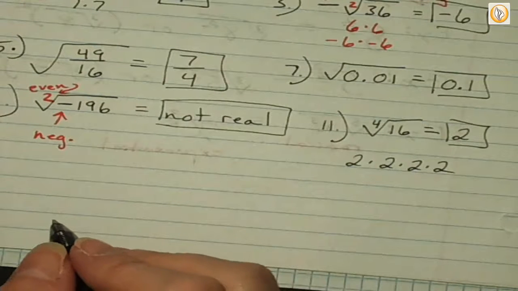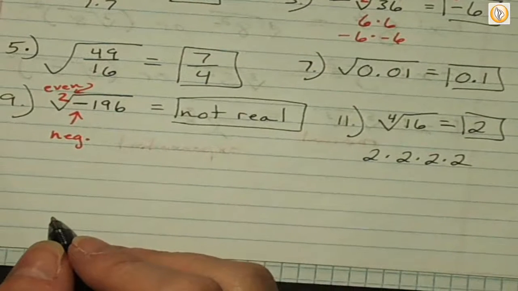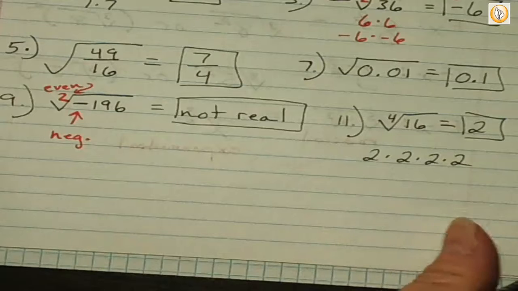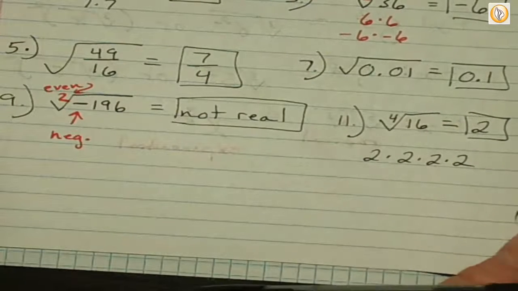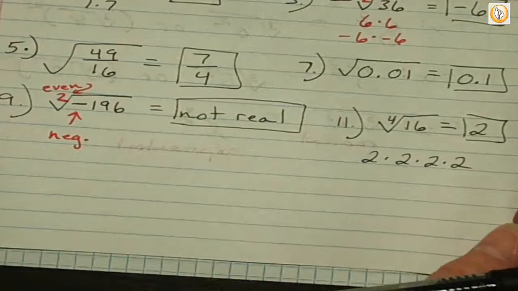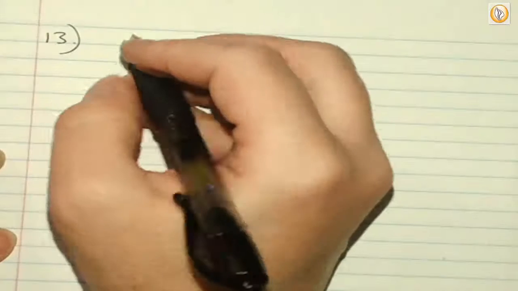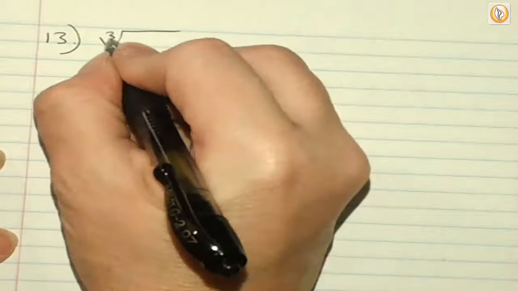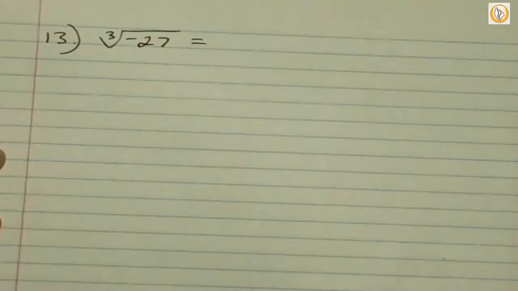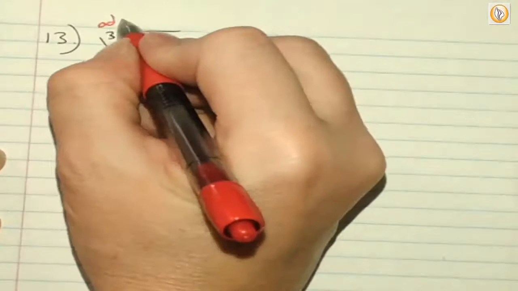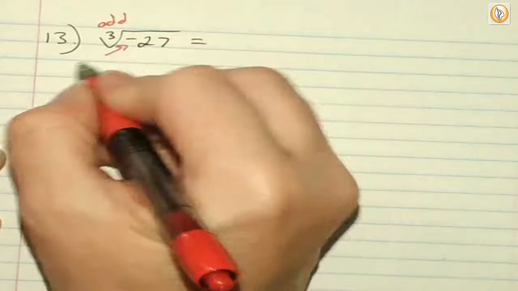Before I move on, are there any questions? Everyone have this written down? I'm going to assume yes, since no one answered. All right, 13. This is odd and negative.